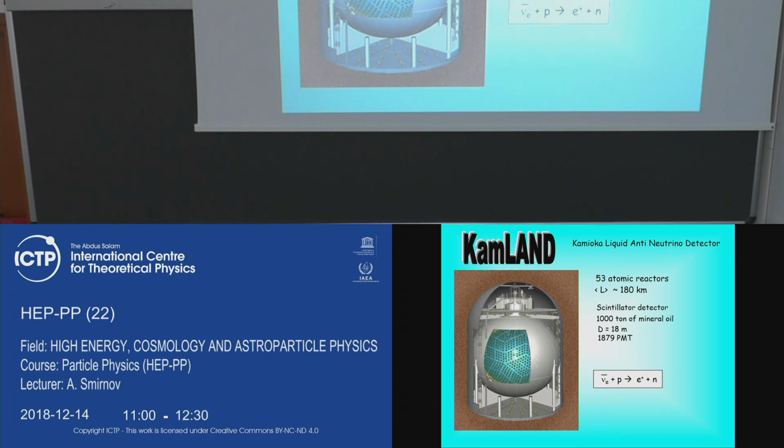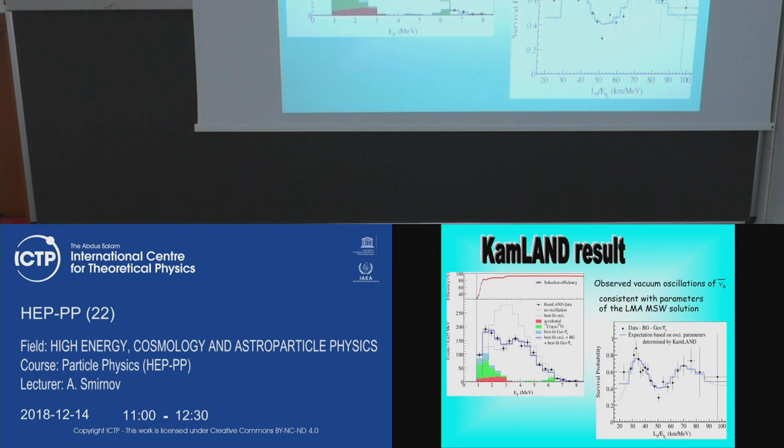What they saw was a distortion of the energy spectrum. Remember, in this plot, the dashed line corresponds to what you expect for the number of events without any oscillations. And you see it is distorted, and there is a deficit of events with a kind of oscillatory dependence.